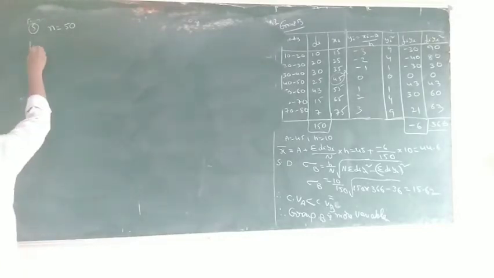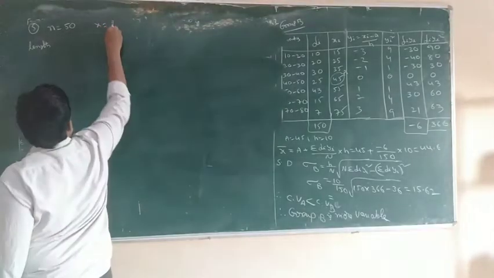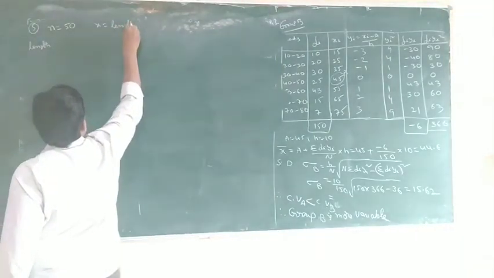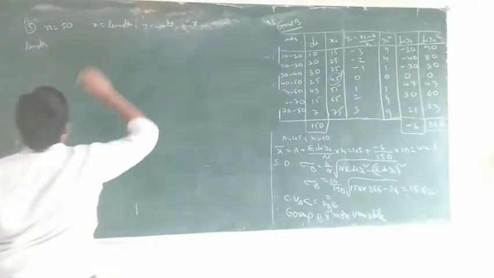Length is nothing but x, and weight is y. So x is equal to length and y is equal to weight.